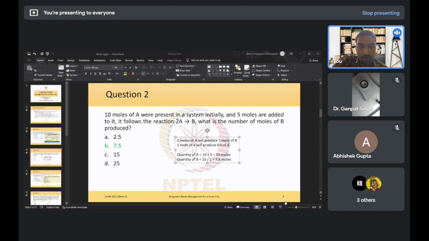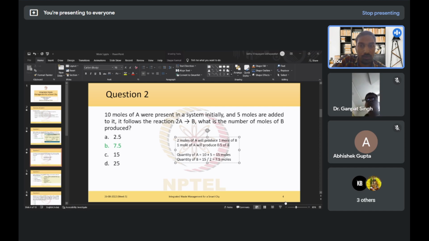No, this was not discussed in the lecture, but this is the basics. So this is just based on the mass balance, right?